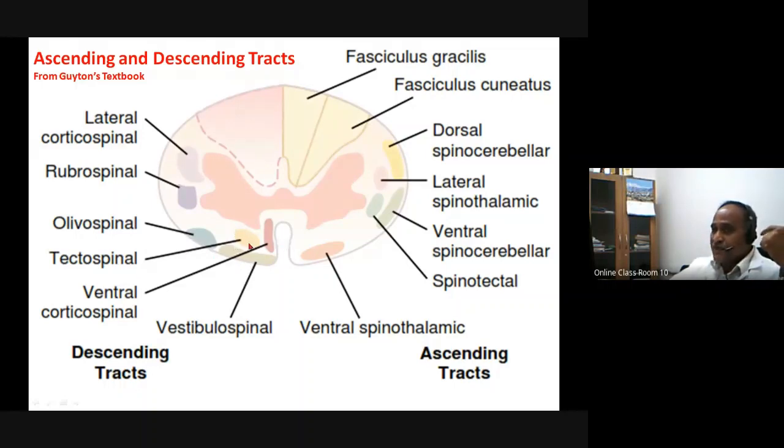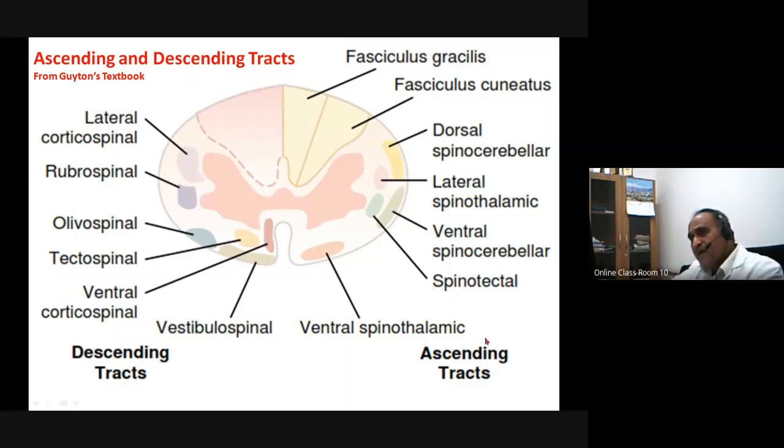Then the tectospinal tract, descending. This is the ventral corticospinal tract, and this is the lateral corticospinal tract. These are uncrossed fibers. Then we have the vestibulospinal tract. So this is about all the descending fibers.